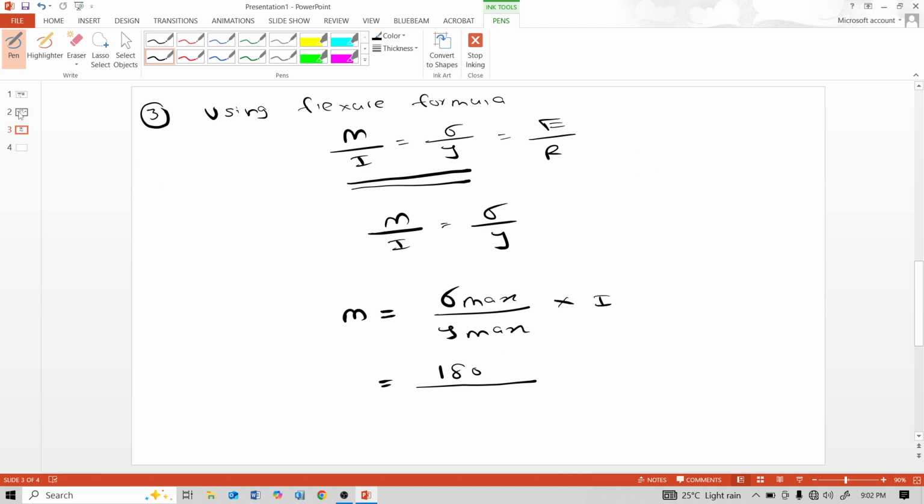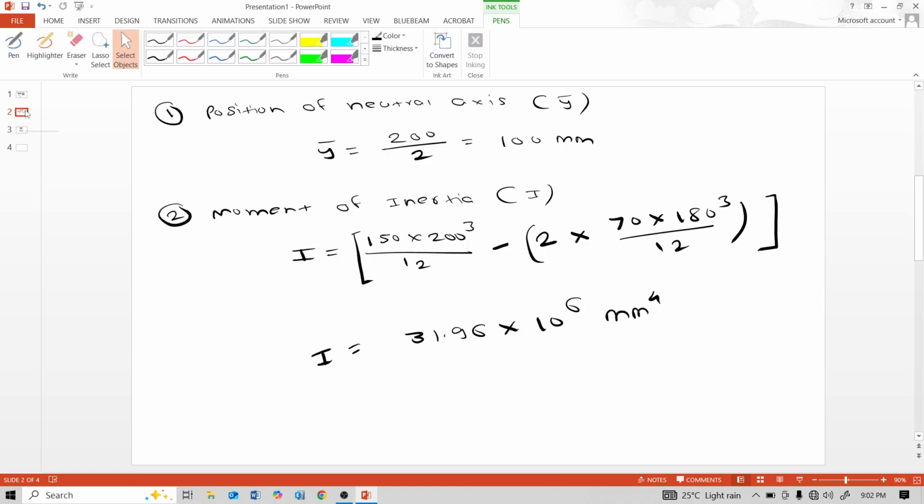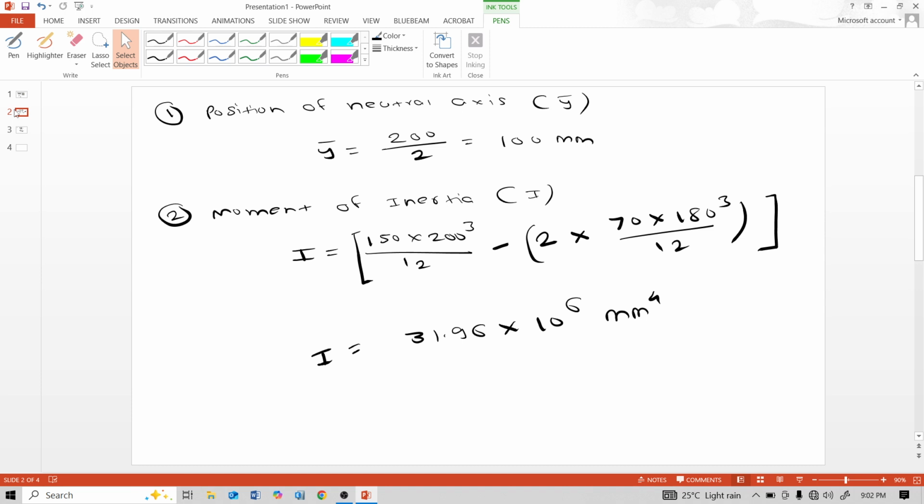And y max is 100 mm, multiplied by moment of inertia 31.96 into 10 raised to 6.